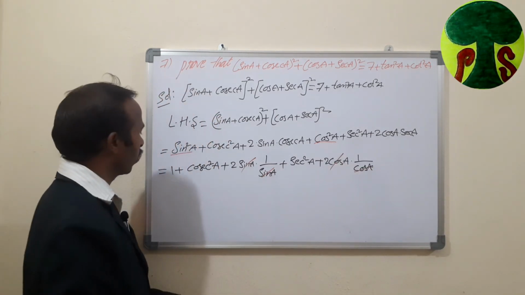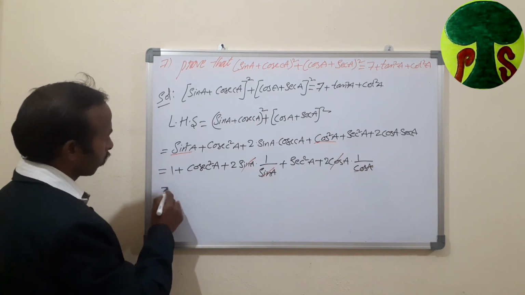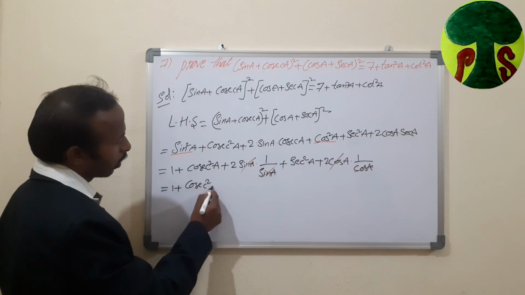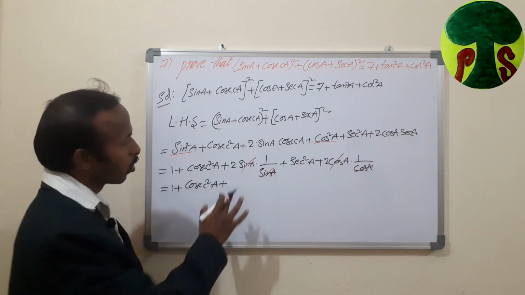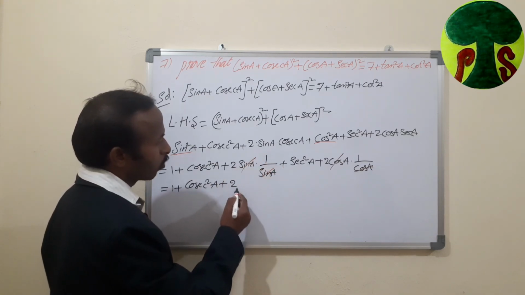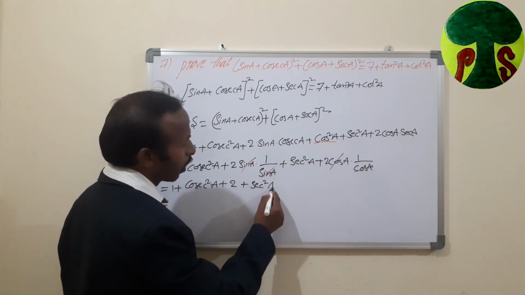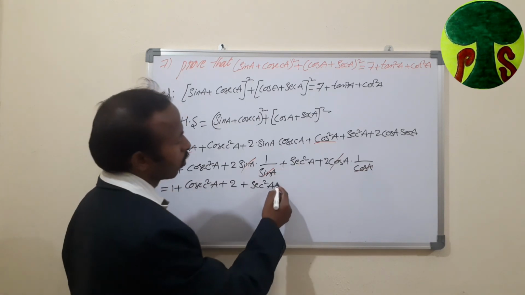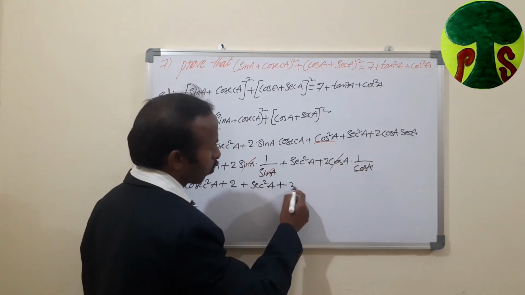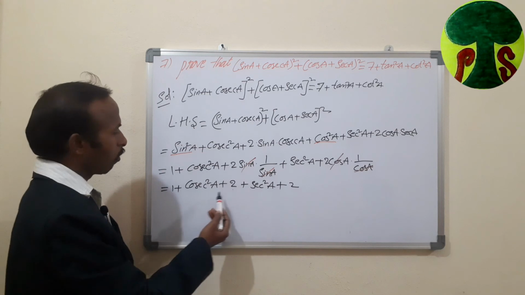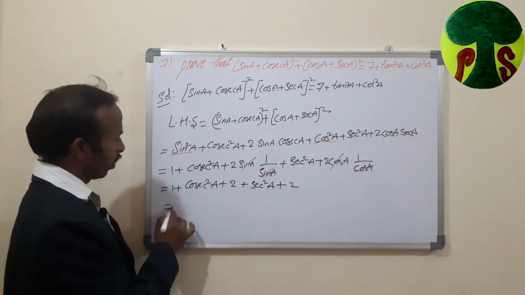The remaining is 1 plus cosecant square A plus 2, plus secant square A plus 2.